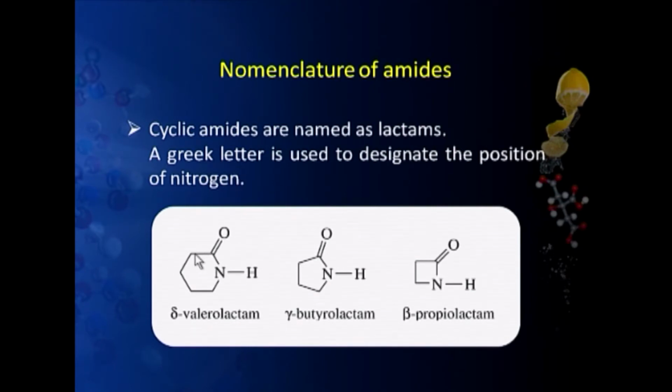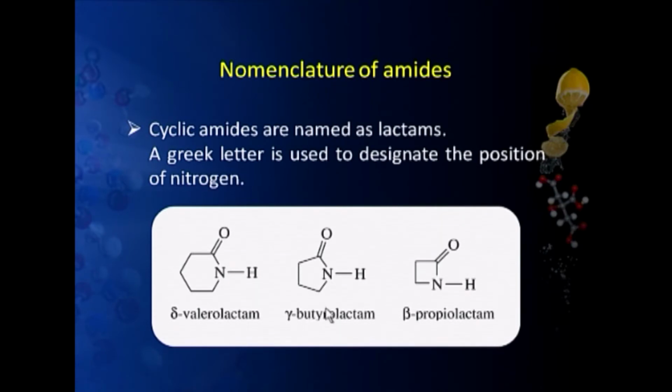So, this is alpha carbon, this is beta carbon, this is gamma carbon, this is delta carbon. So, this nitrogen is now attached to the delta carbon, and this is a 5 carbon acid, 1, 2, 3, 4, 5. The name for the 5 carbon acid is valeric acid. This is the lactam obtained from the 5 carbon acid, we call it delta valerolactam.